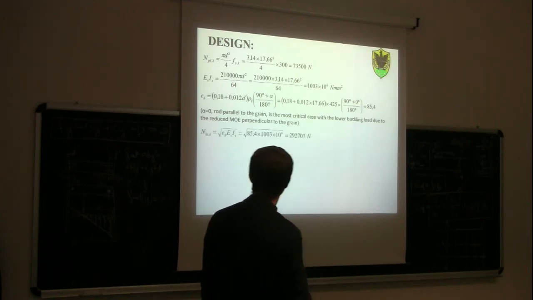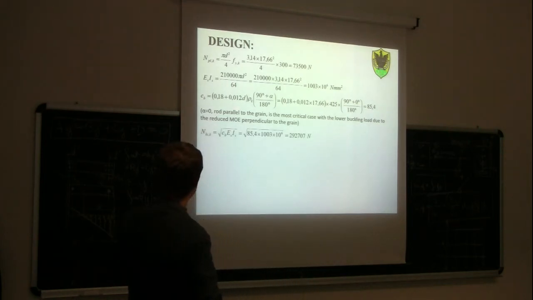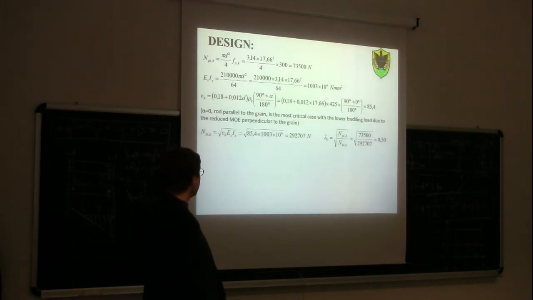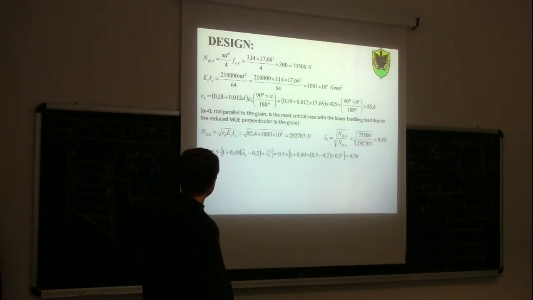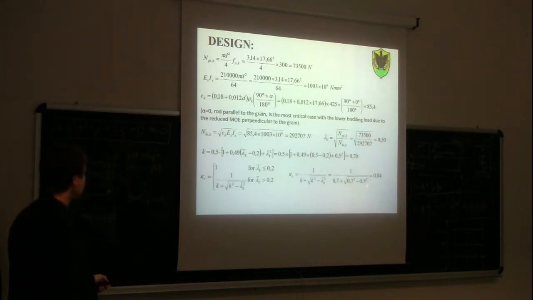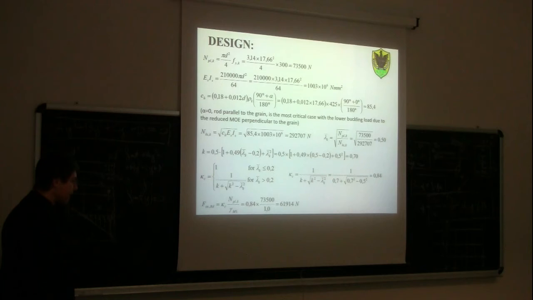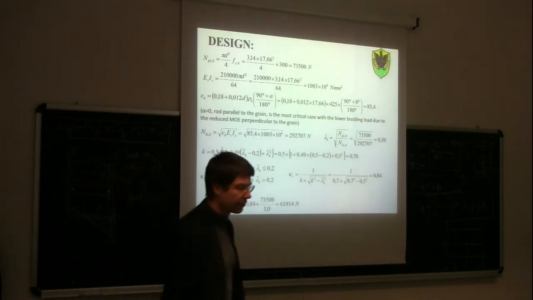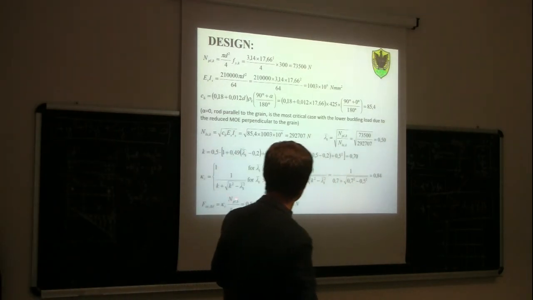Then this critical load is equal to 292,707 Newton. The relative slenderness is 0.5 and the reduction coefficient K is 0.7. So this other reduction coefficient Kc becomes, in our case, 0.84. In the end, the design buckling resistance for our compressed rods is, instead of 73,500, 61,914.